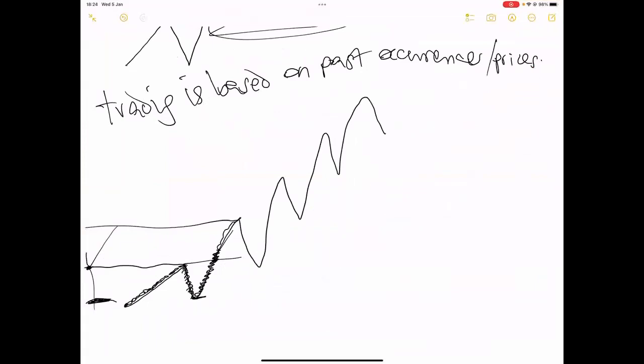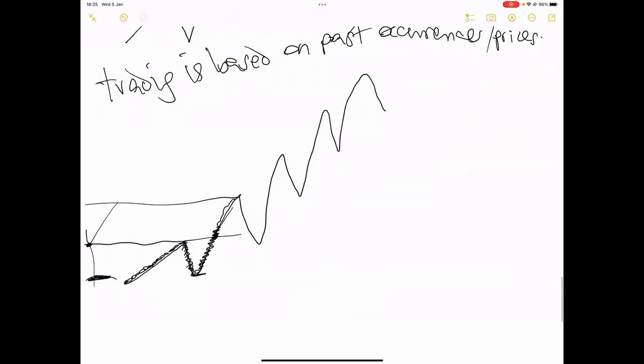Because of all the movement now, price is going up and down, up and down. There's now a rule in the market.